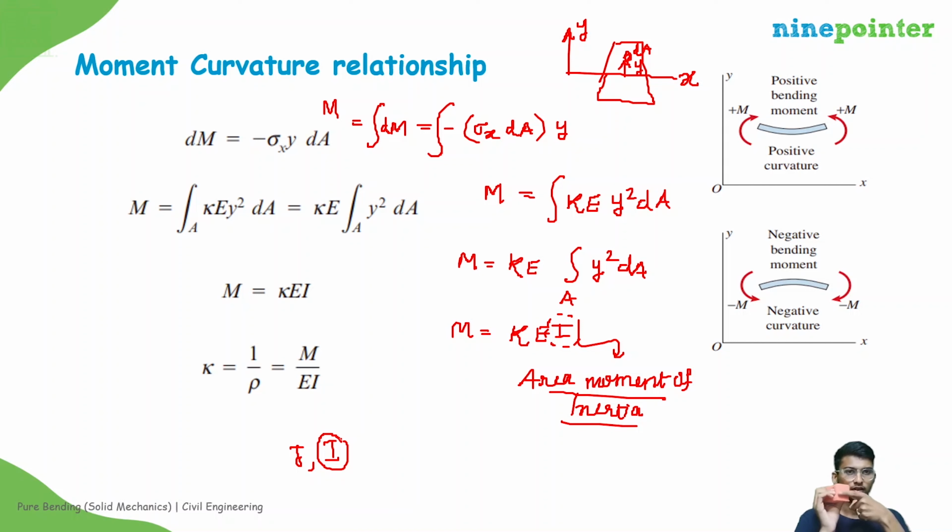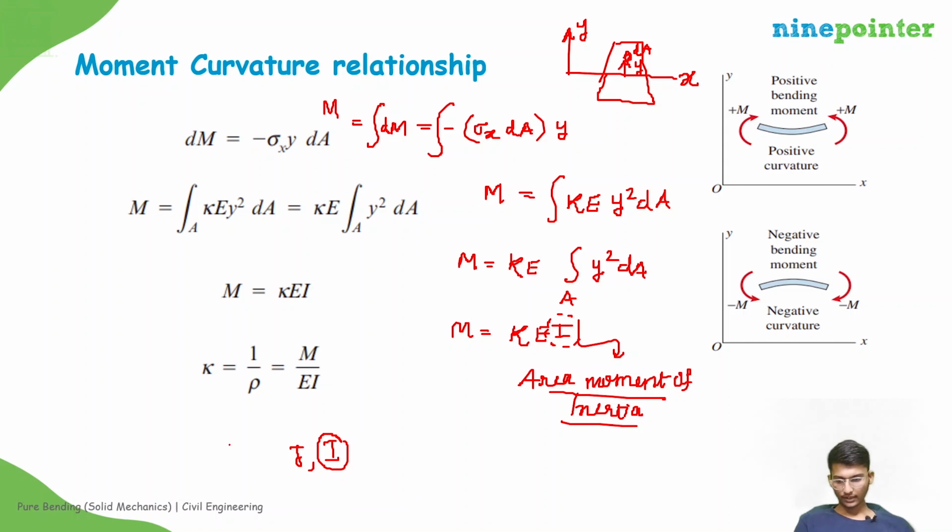If you apply the bending moment like this, then also it causes deformation and creates curvature. Now the axis will be like this, so for that case the I should be calculated for this axis. That you should understand carefully.